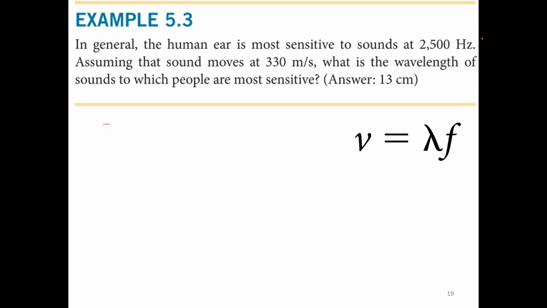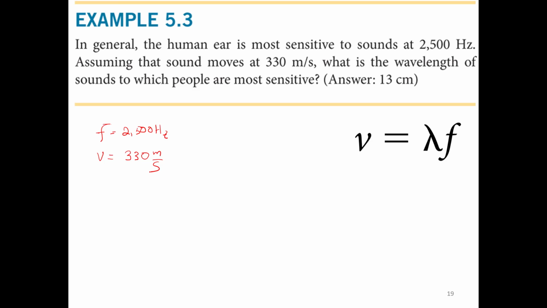And in this case, the frequency equals 2,500 hertz. And in this case, we know the velocity or the speed, and we know this is the speed because it's meters per second. It's 330 meters per second.